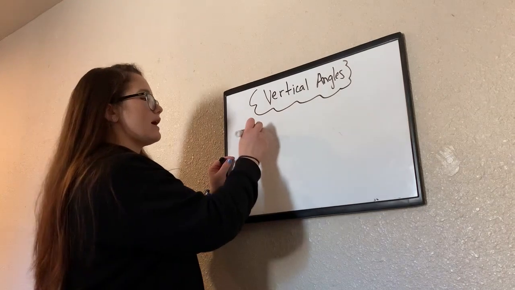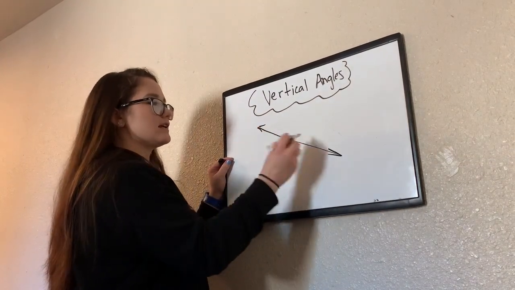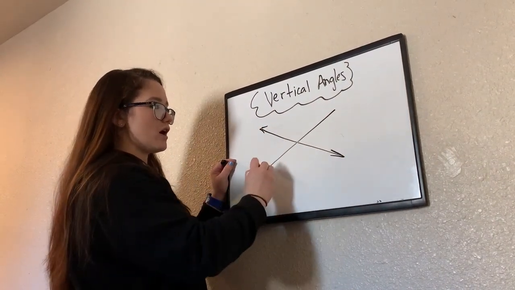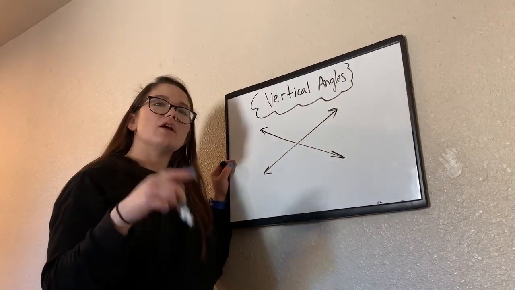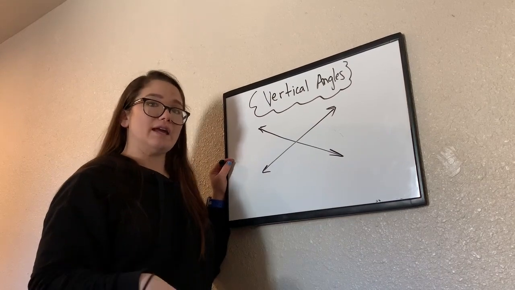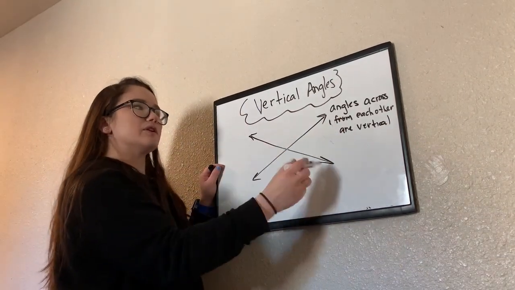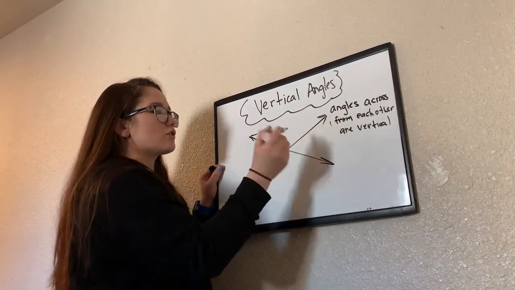All right, we have two intersecting. Intersecting means when they cross each other. So when two lines intersect each other, they form vertical angles. What that means, when you have two intersecting lines, is the angles across from each other.